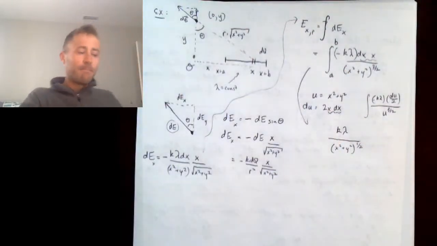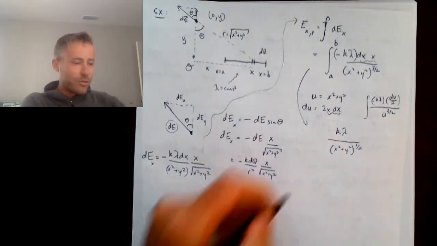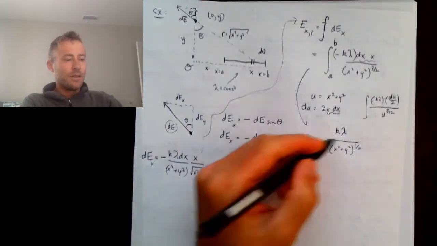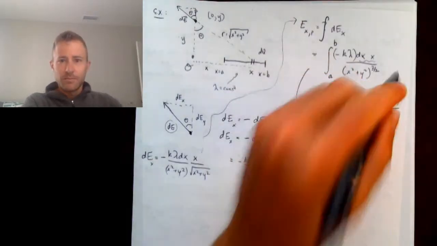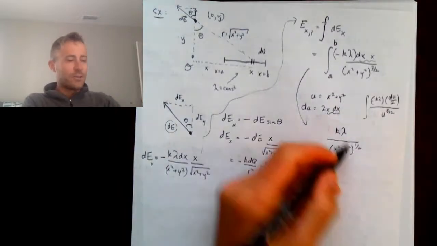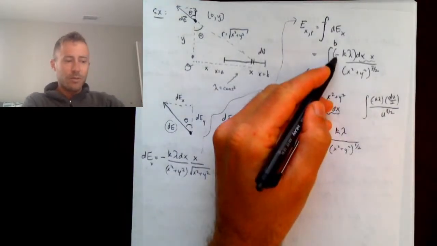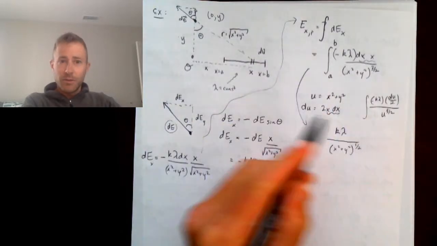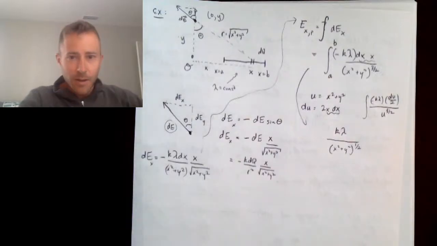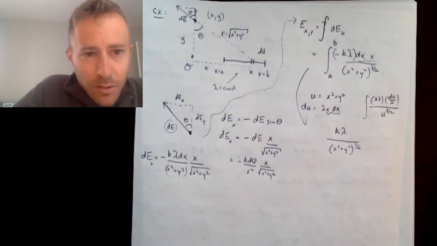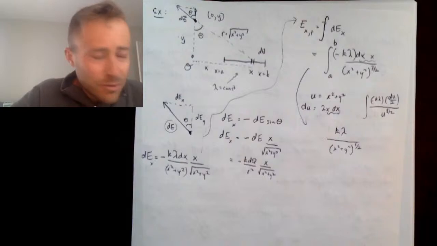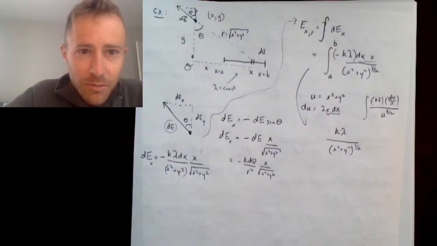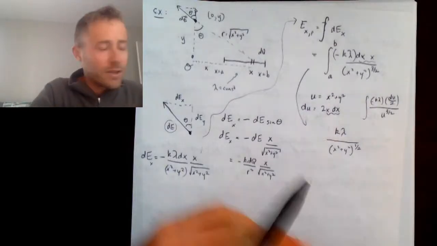Take the derivative with respect to x, and you will get exactly this. The minus 1/2 brings out this minus sign, and the factor of 2 cancels out the 1/2. So that's how I like to do integrals: it's probably going to be this times something, and then I take the derivative and figure out what that thing is.